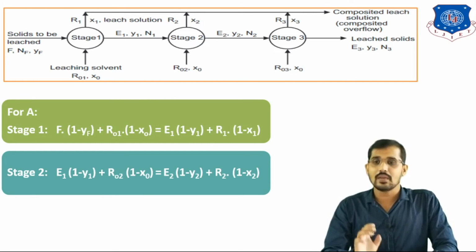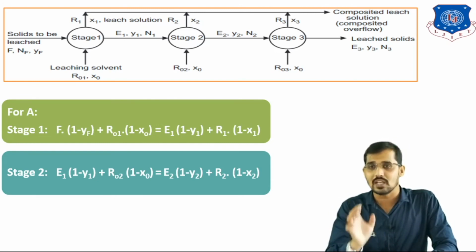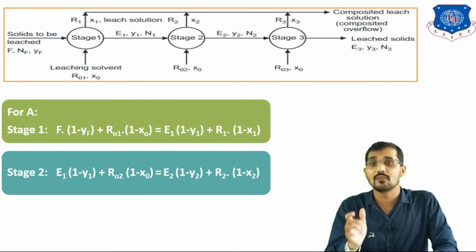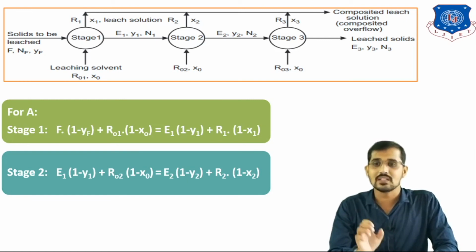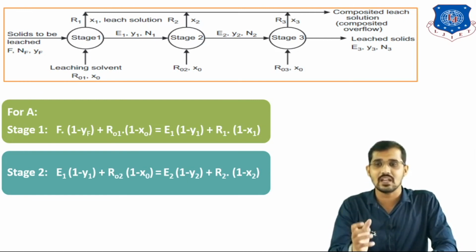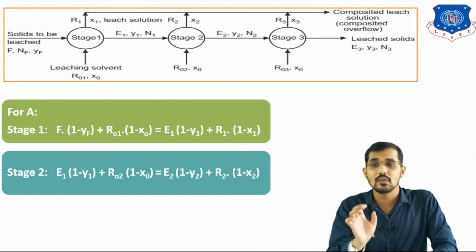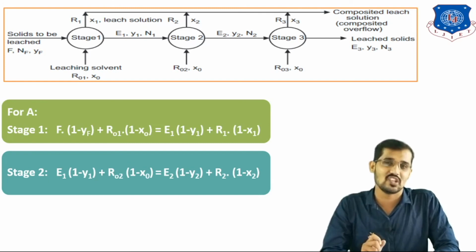I am repeating, we are writing whatever underflow stream is coming from the previous stage as the feed for the next stage. So for the second stage I write E1 in bracket 1 minus Y1, and secondly R0 2 in bracket 1 minus X0. This is related to the leaching solvent, and we are using fresh solvent for every stage.